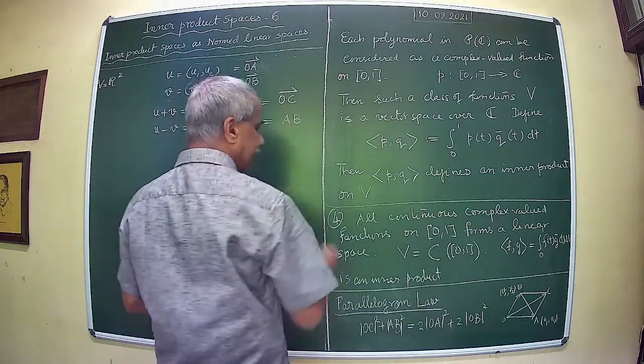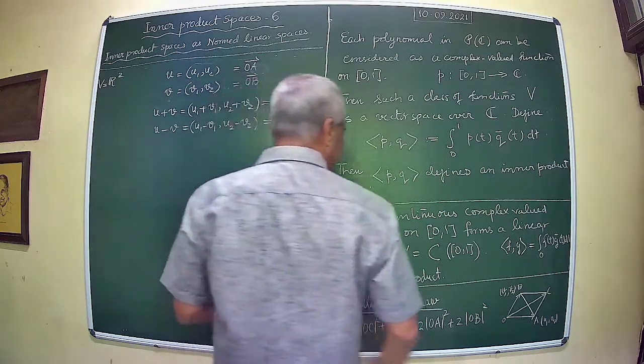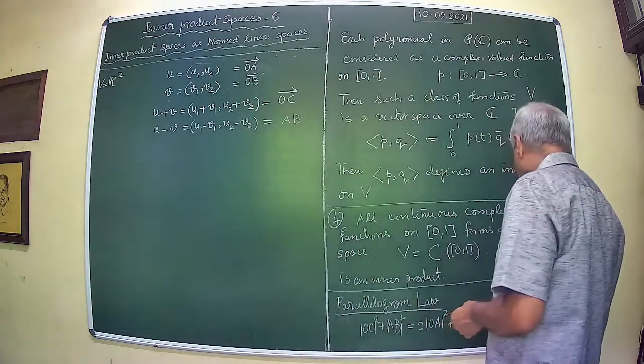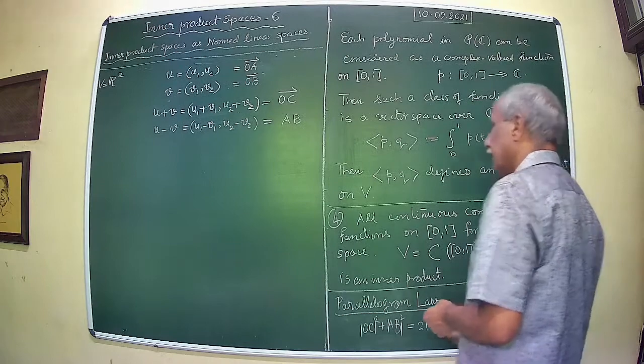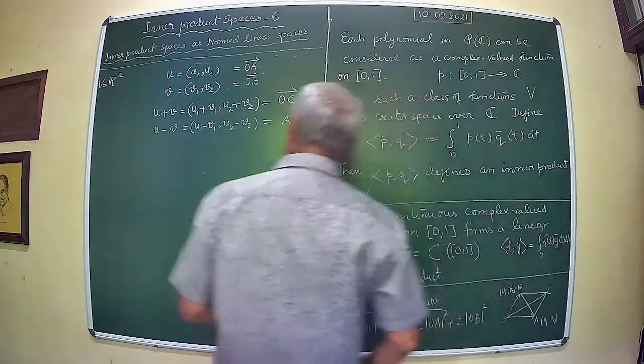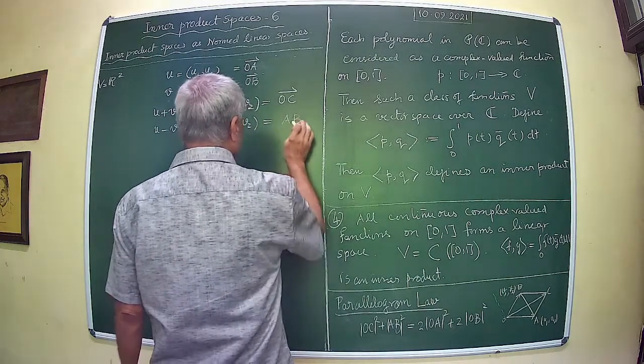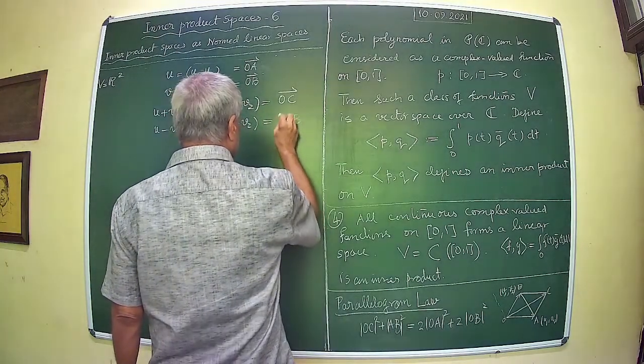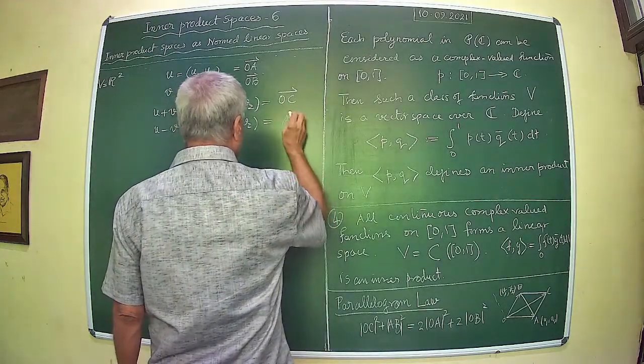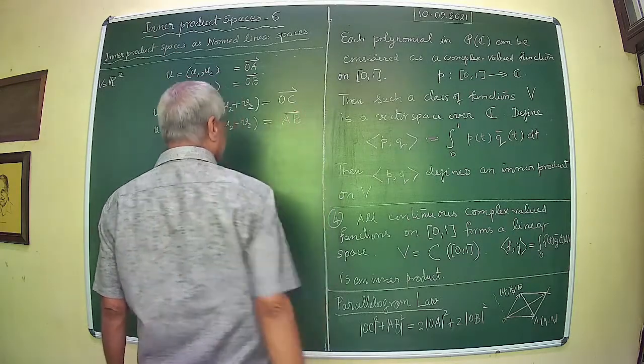So the vector AB, I think essentially you are working out this vector whose length is equal to AB. So the length of u minus v is equal to AB. So this is a sort of misnomer. I write this as AB.